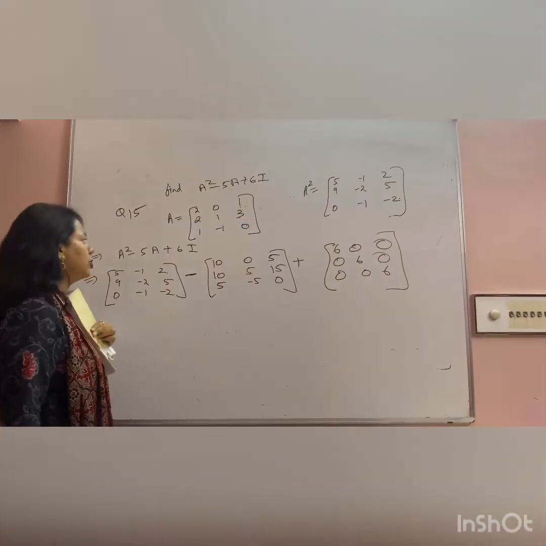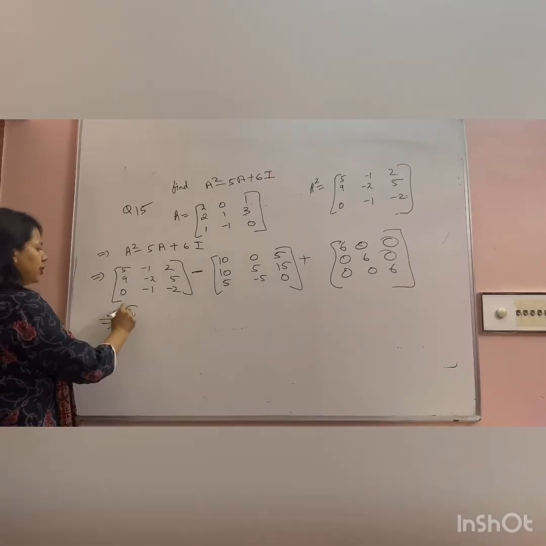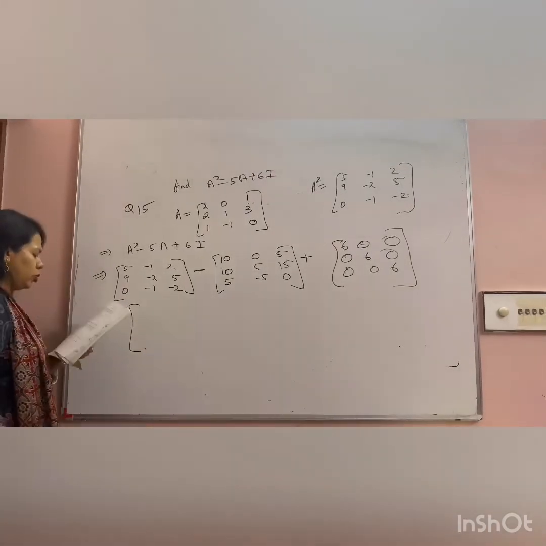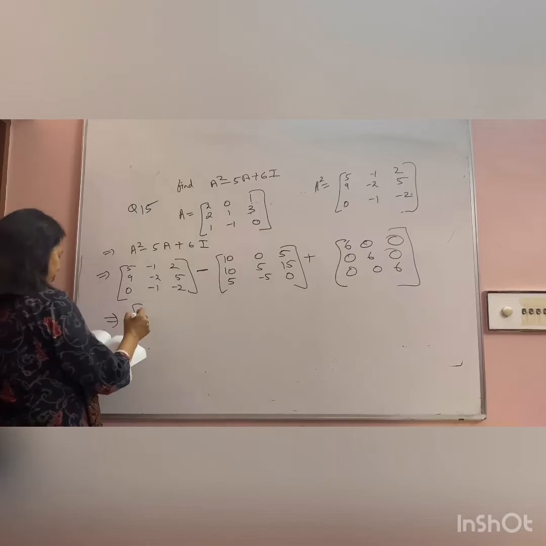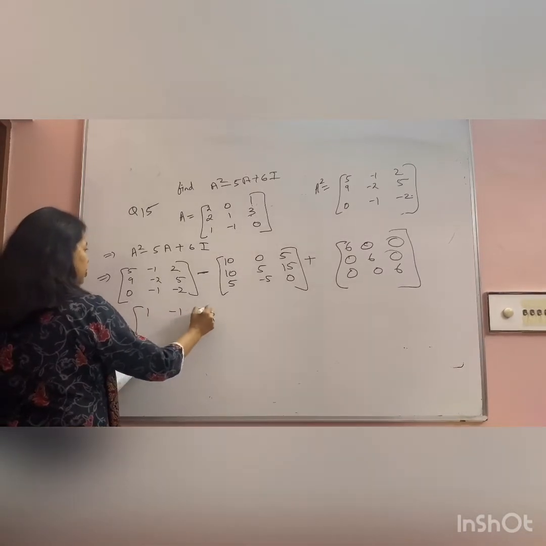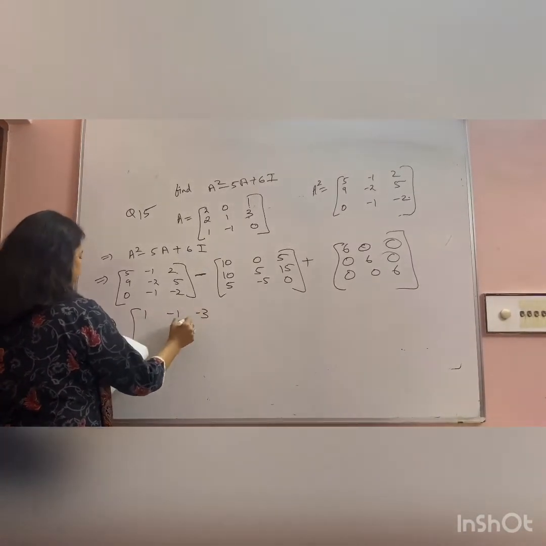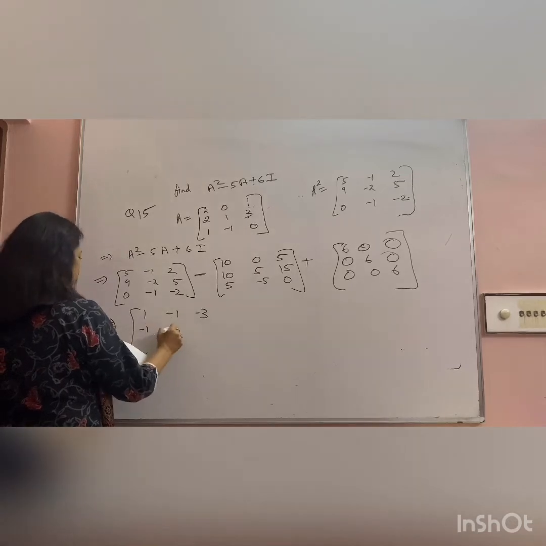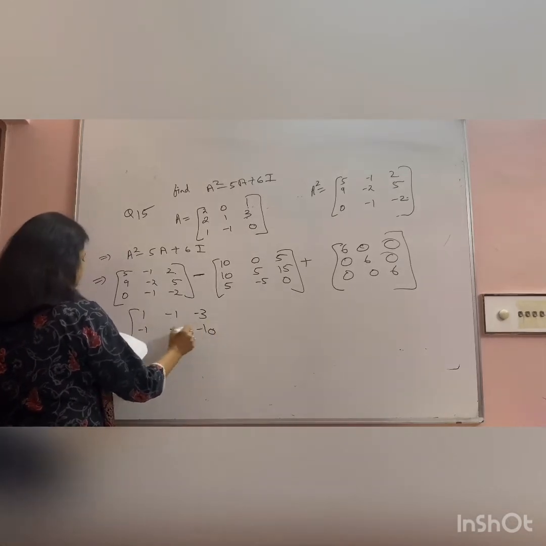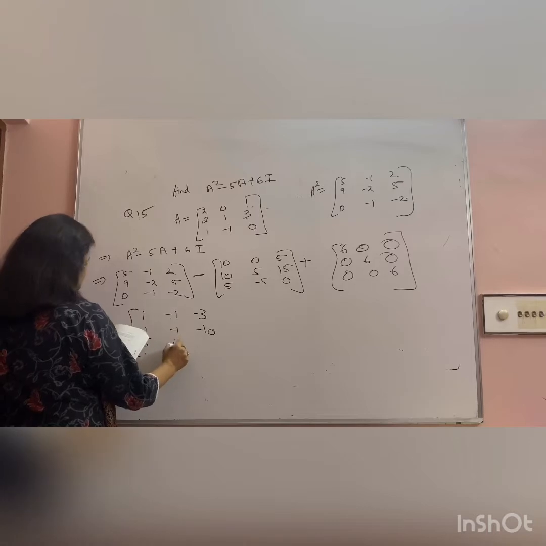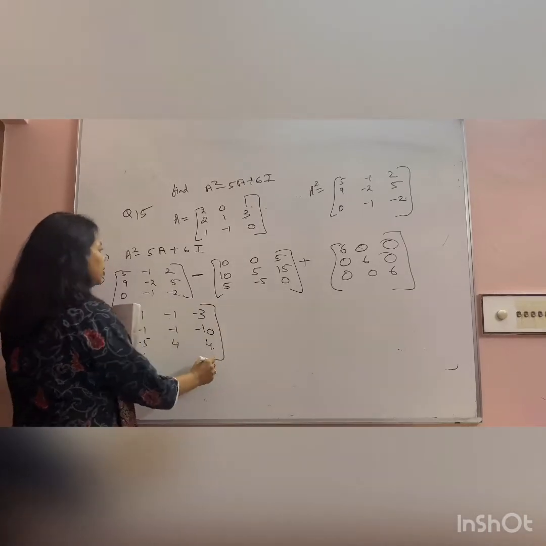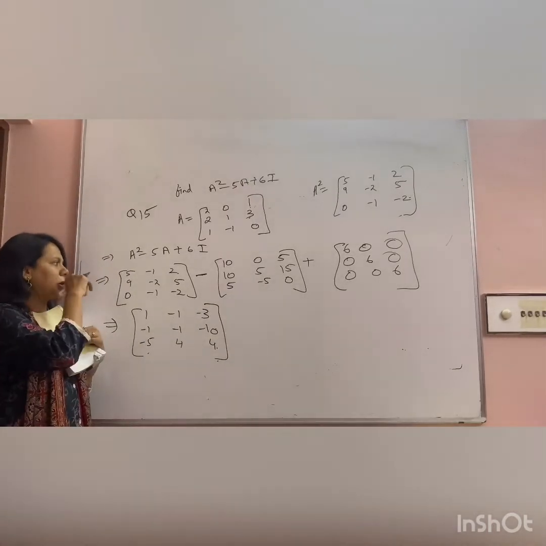Now perform your normal addition and subtraction. Please do remember to follow your board marking rules. So what's the answer that I get from here? [1, minus 1, 3; minus 1, minus 1, minus 10; minus 5, 4, 4]. Normal addition and subtraction is what I have performed.